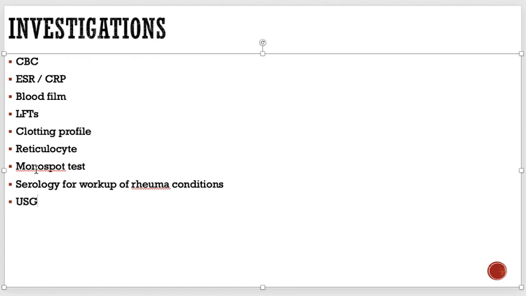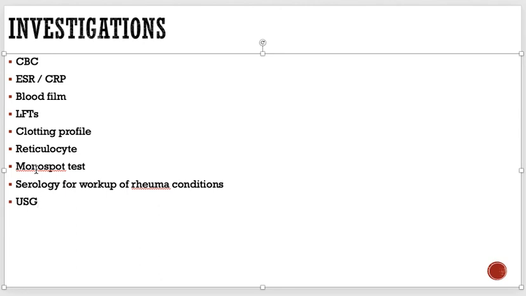Ultrasonography we can do. Ultrasonography will be very helpful in this case. See, ultrasonography is basically for all the abdomen. You can assess the liver. You can assess if there is any portal hypertension. You can assess if there is any ascitic fluid. You can assess if there is any portal vein thrombosis.